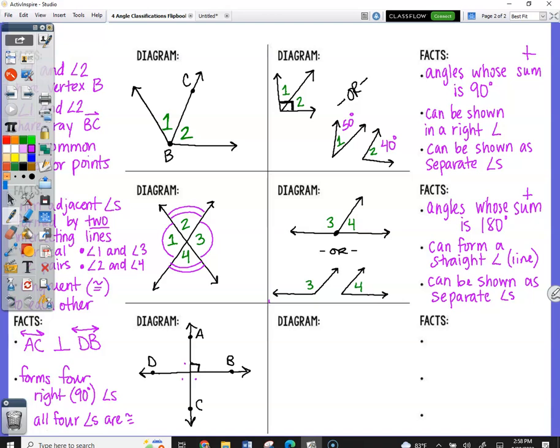So if I said angles 3 and 4 are supplementary, and 3 measured 120, then 4 would have to measure 60.